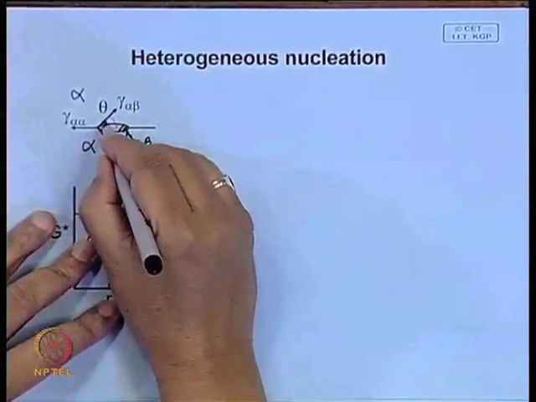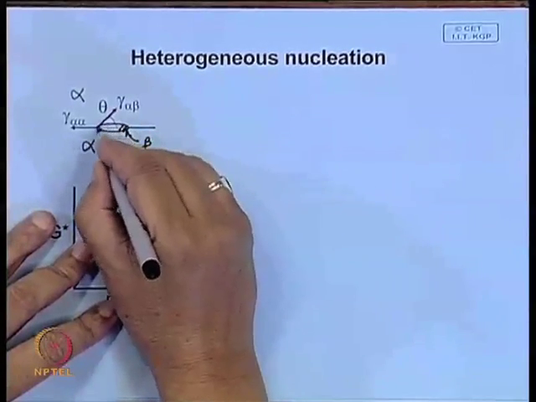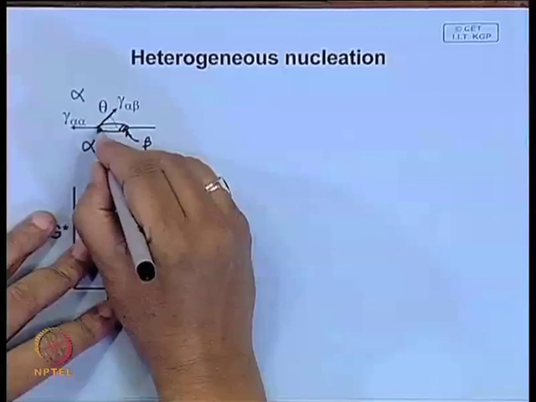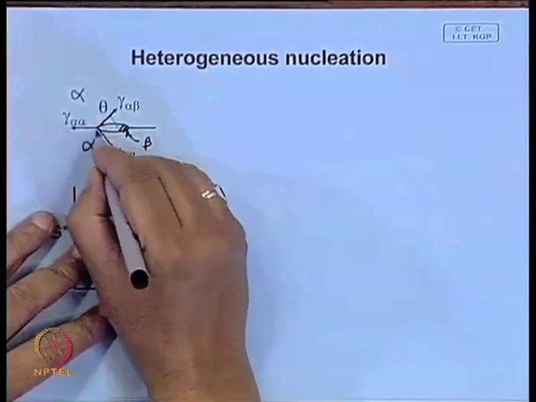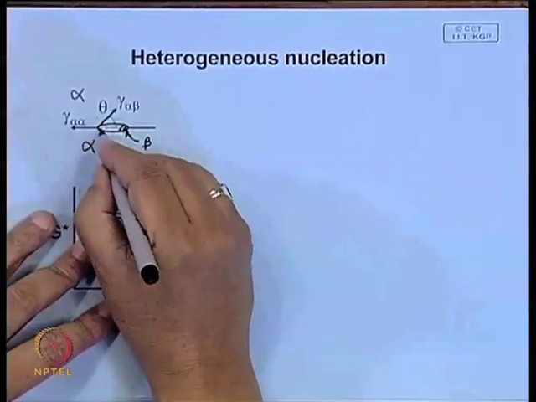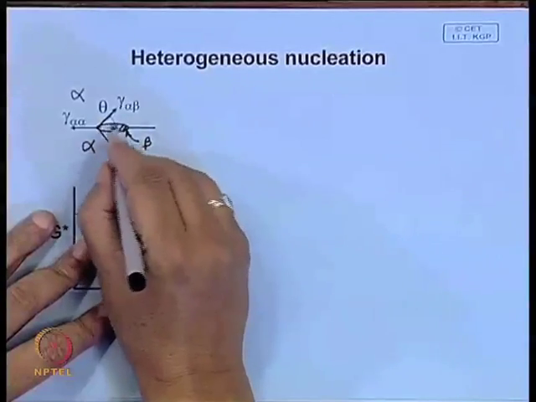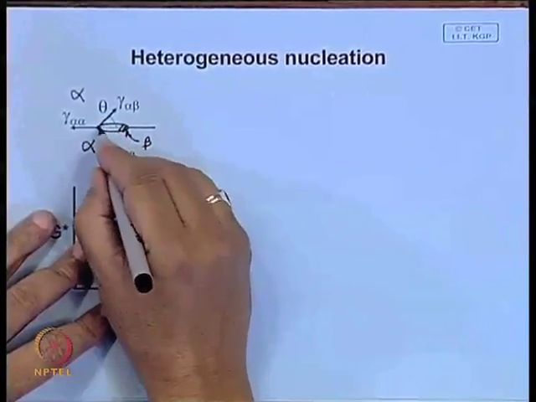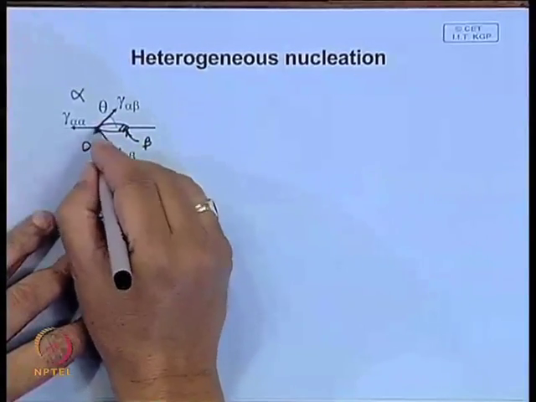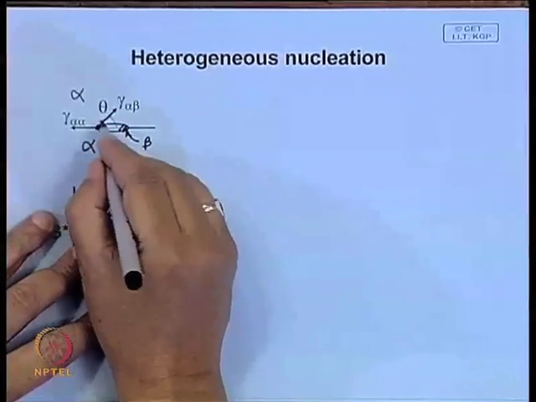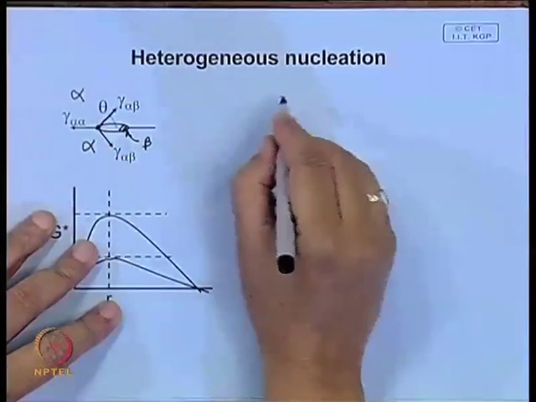Now, if this is the angle theta subtended between the alpha and beta boundaries here, these are surface tensions, and at this point the forces should be in equilibrium.